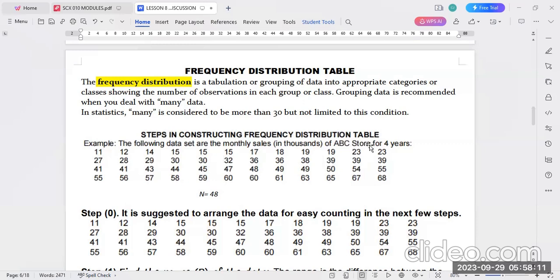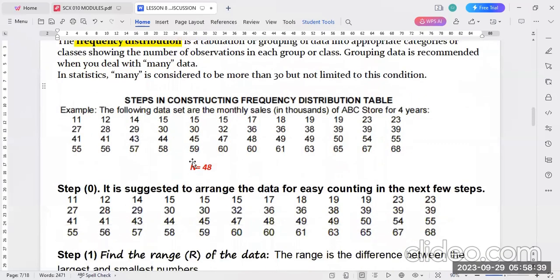Now, of ABC store for 4 years, since this is monthly, so we know that there are 12 months in a year. And if it's in 4 years, so 12 times 4, that is equal to 48. So now we know that the total number, or we represent it by this letter N, yun po laging ginagamit to represent total number, N is equal to 48.